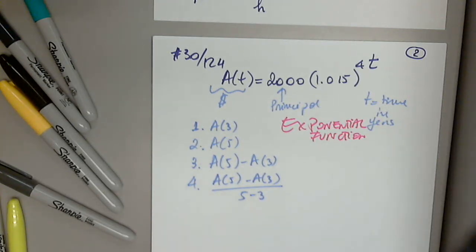We can work with this by hand. We have to plug it in. So please plug it in: y equals, clear, 2,000, left parenthesis, 1.015. Careful because some calculators will disagree with my parentheses around 4x.